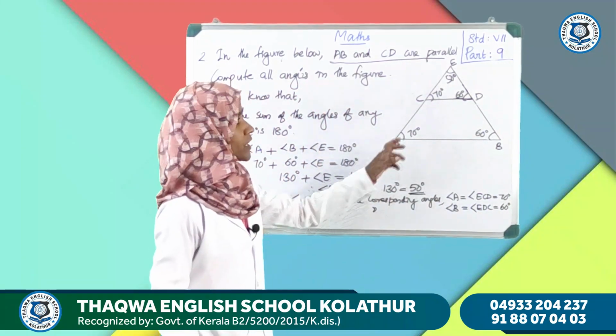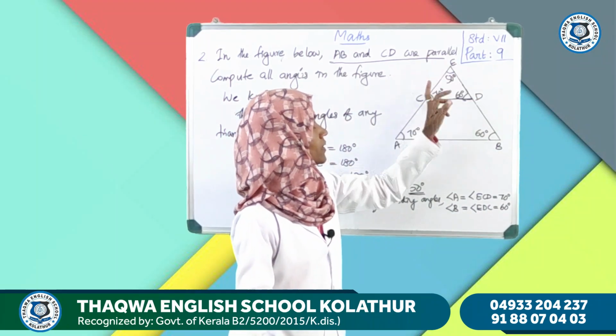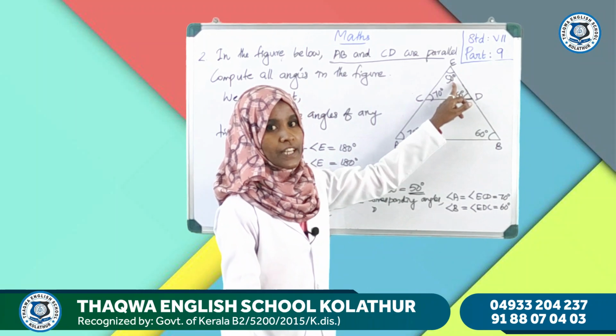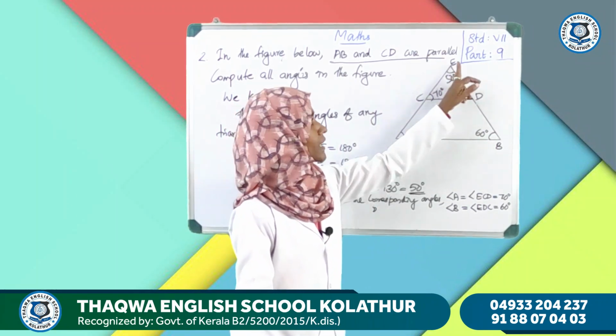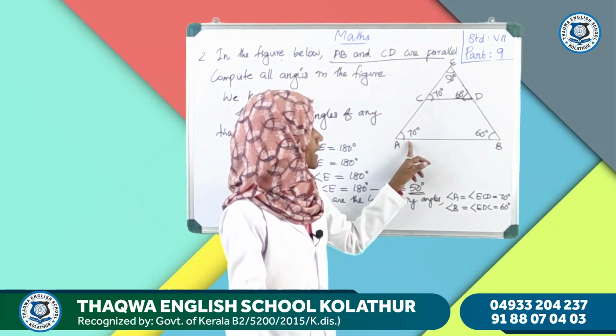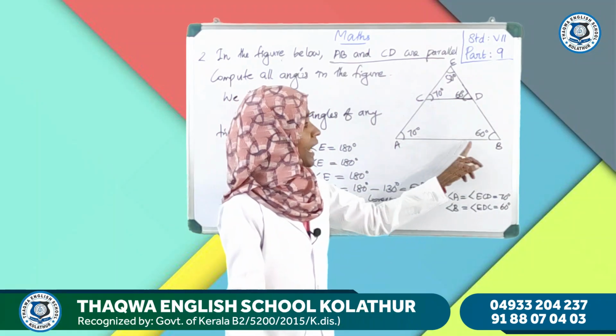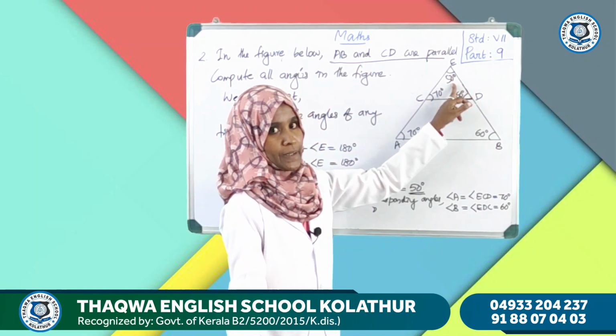Now we have all three angles of triangle CDE: angle E 50 degrees, angle ECD 70 degrees, angle EDC 60 degrees. Next, angle A 70 degrees, angle B 60 degrees, angle E 50 degrees.